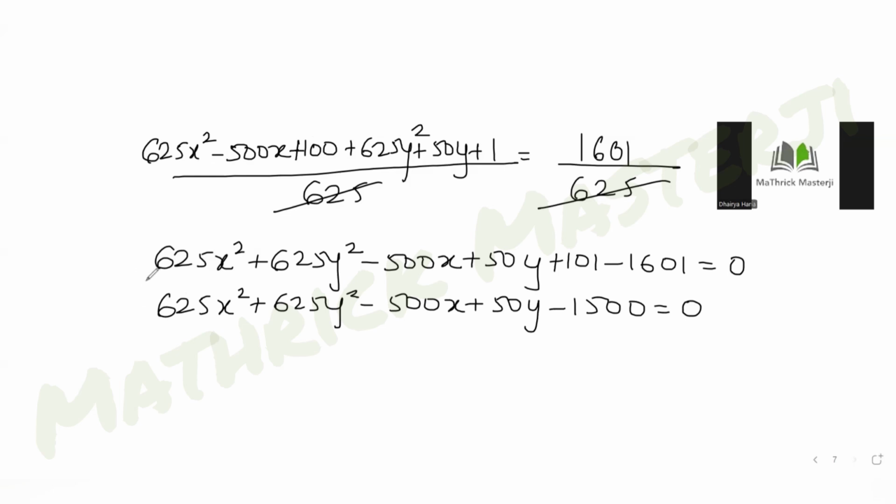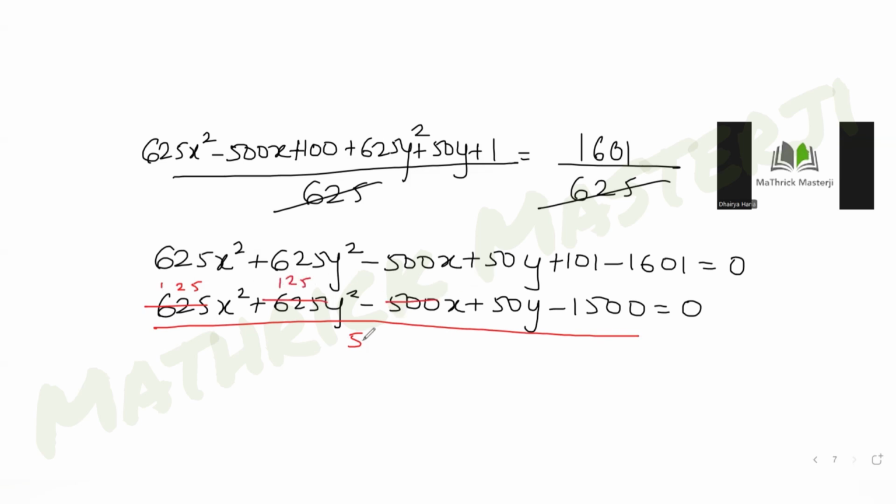Once I have this, I can divide throughout by the same number, let's say 5 first. If I divide this with 5 first, I get 5 1s, 5 2s, and 5 25s, so 125. Here also, if I divide, I get 125.